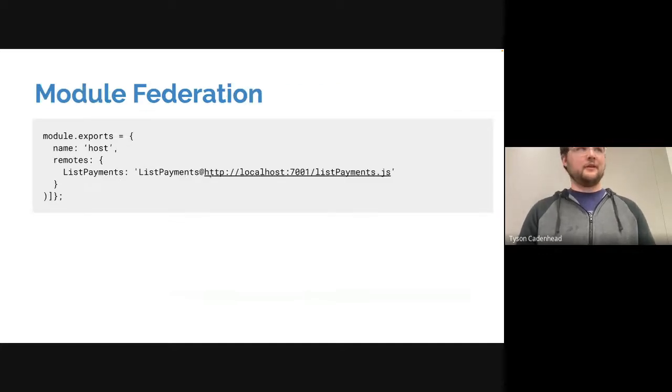And then in the service that's pulling it in, I have a list of remotes. This is like the host service pulling in the list payments, and it's pointing at the actual URL where it's available. If we're running this locally, it would be on localhost 7001. It may be somewhere else if you're running it in production or another environment.